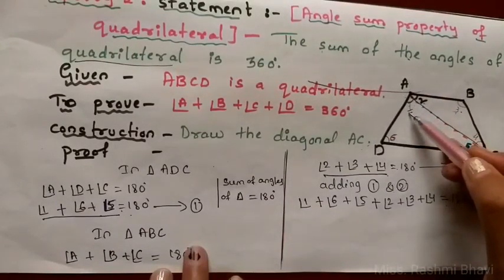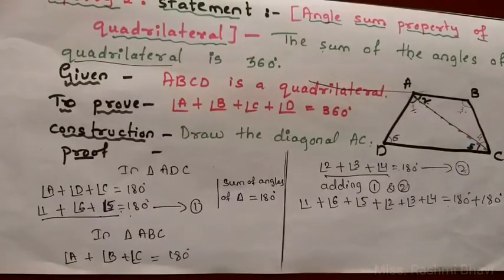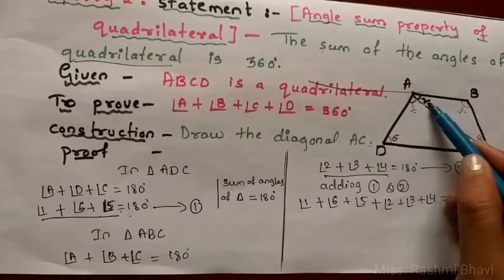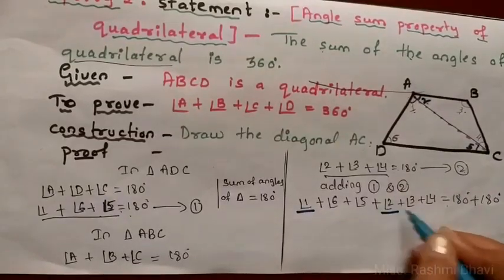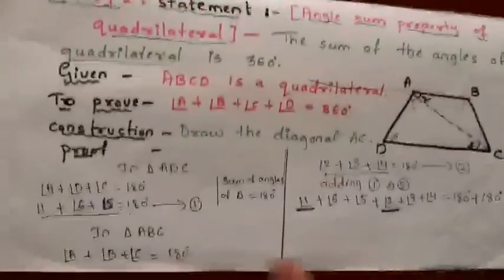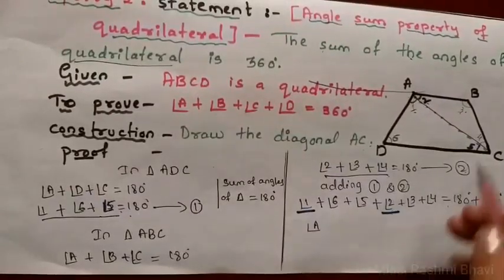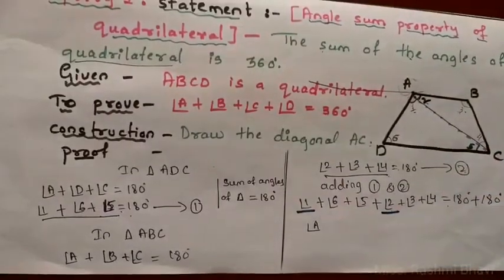Angle 1 plus angle 2. I will make a mark. Here angle 1 plus angle 2 is angle A. Angle 1 plus angle 2 is said to be angle A.